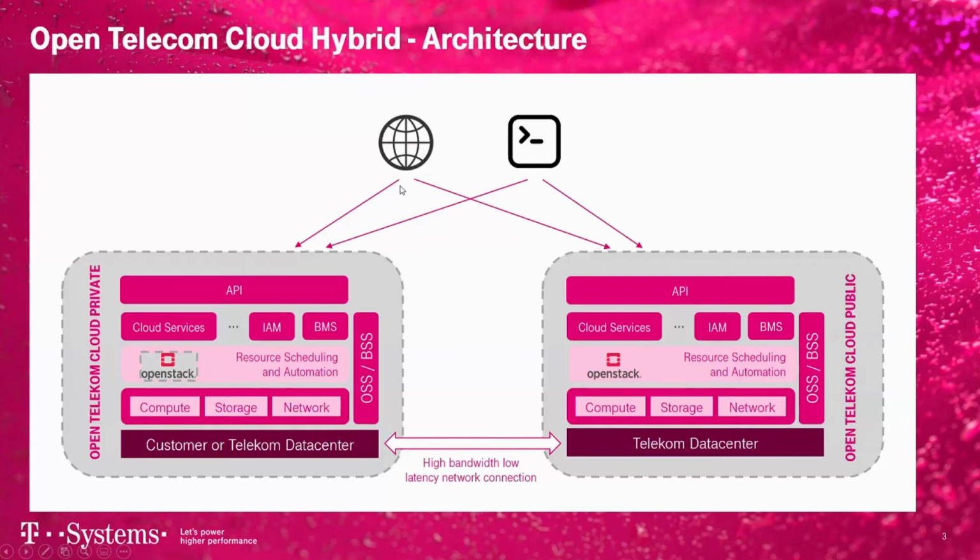It won't be possible to have a private installation integrated as an additional availability zone or as an additional region. You will always have two different web interfaces, and the same applies for the command line. You always need two different commands. It won't be possible to address one command to different resources on both sides.